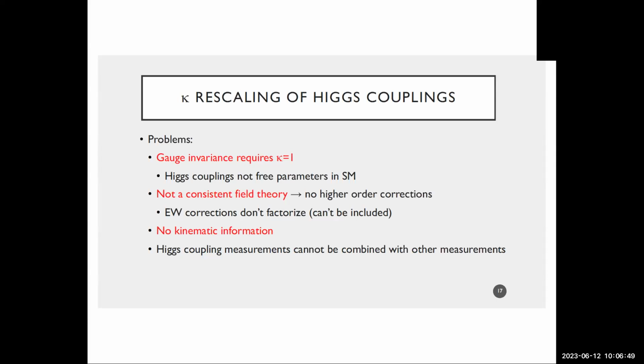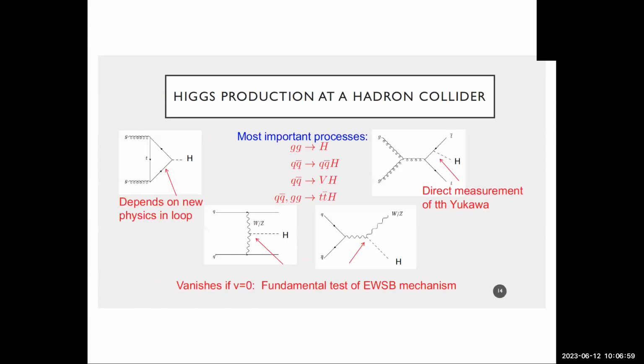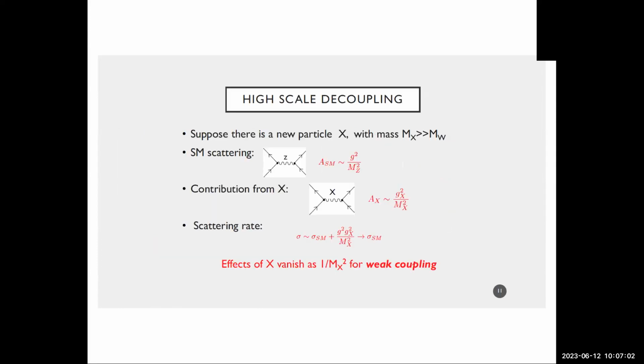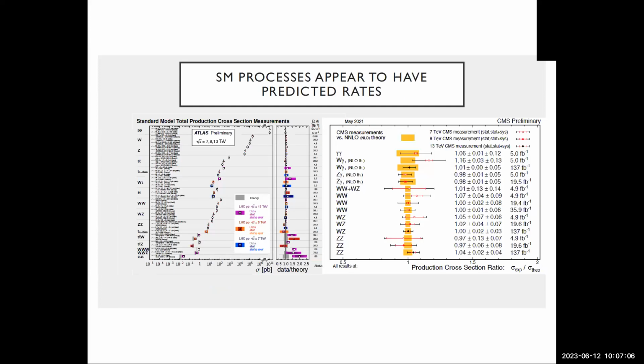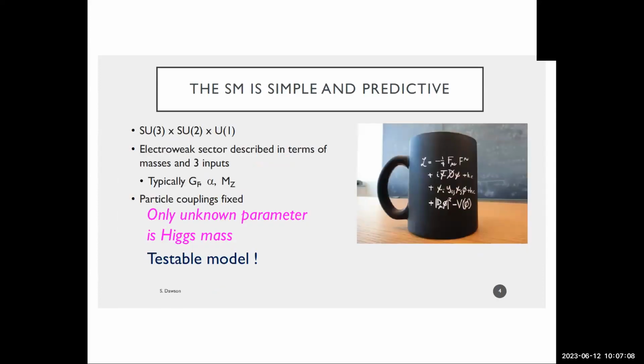Can we visualize it? What changes when we change the value of kappa? Well, okay. Yes, absolutely. I did not do my standard model lecture here because I'm not talking forever. But in the standard model, the interactions of the fermions with the Higgs are fixed, absolutely fixed in terms of the mass of the fermion.